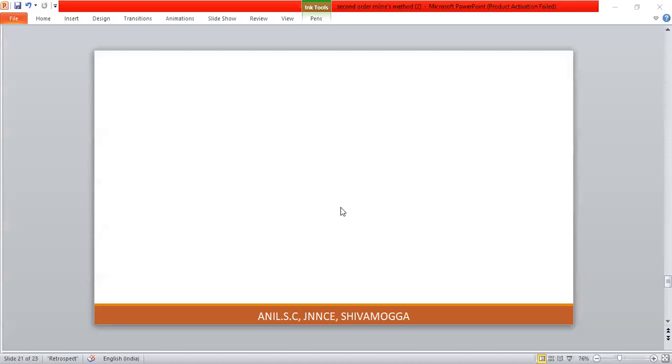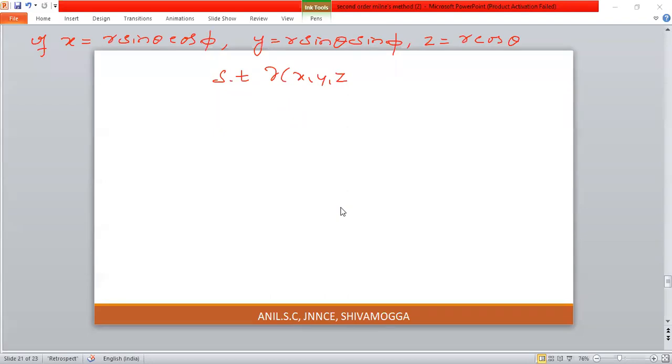I'll give you a problem. You try this one by yourselves at your home. If x is equal to r sin theta cos phi, y is equal to r sin theta sin phi, and z is equal to r cos theta, show that the Jacobian of x, y, z with respect to r, theta, phi is equal to r square into sin theta.